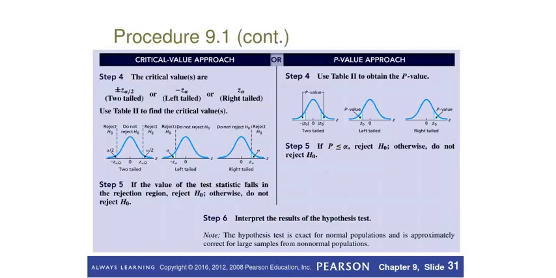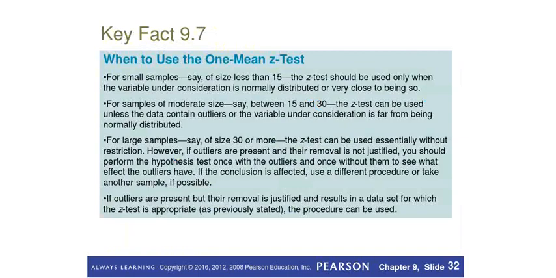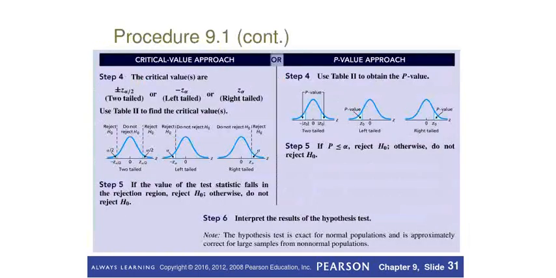So step 4, if we were using the critical value method, would mean we're looking to see whether or not we reject based on whether our z-value is less than z of alpha over 2, less than z of alpha if it's a left-tailed test, or greater than z alpha if it's a right-tailed test.